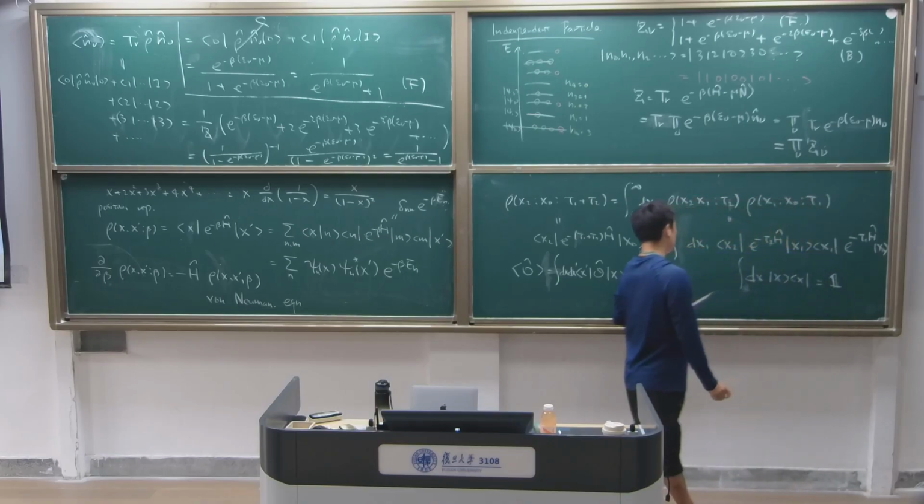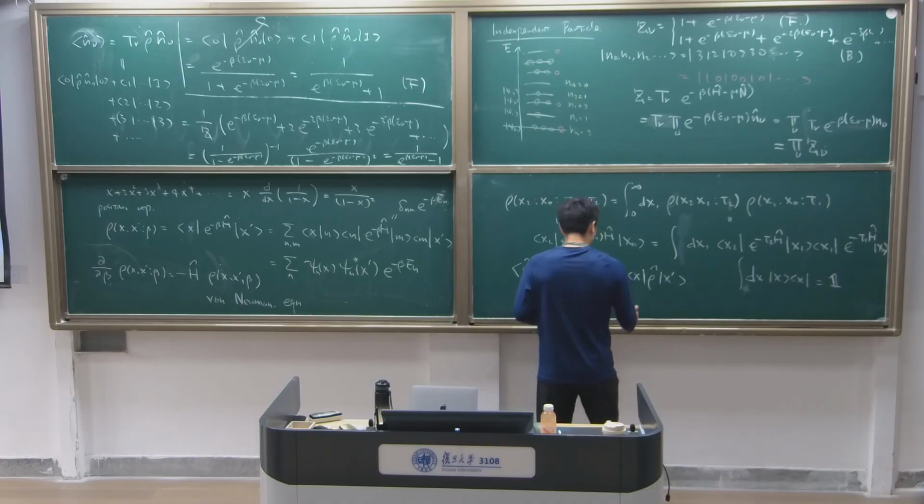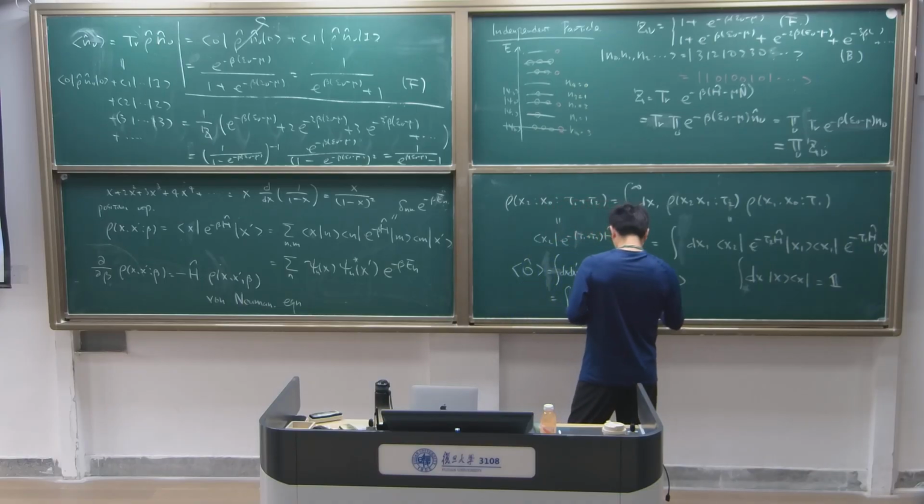So this identity matrix can be treated. So this is equal to, I call this x prime, rho x prime, x.